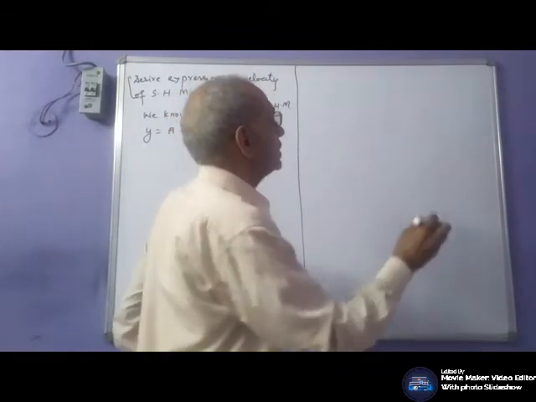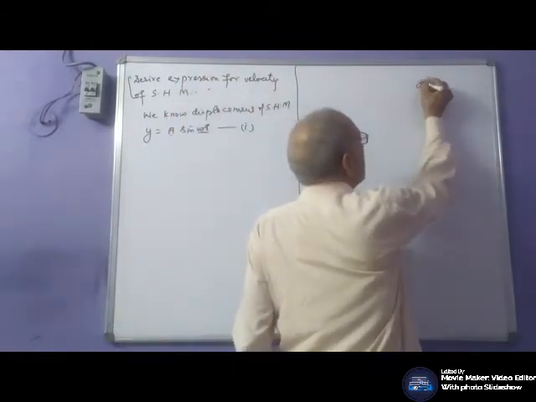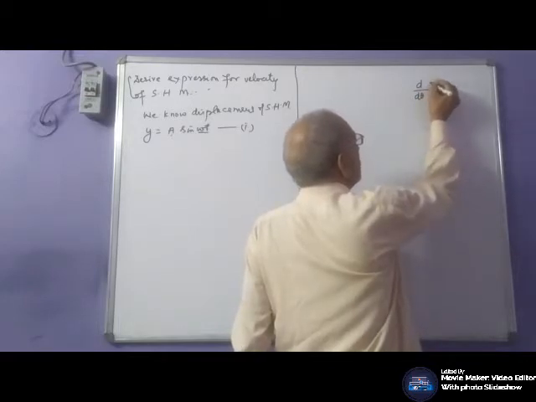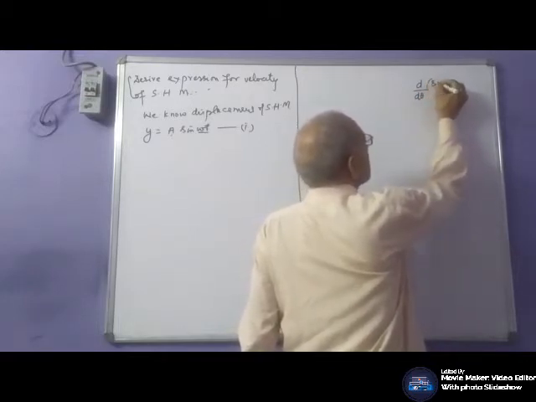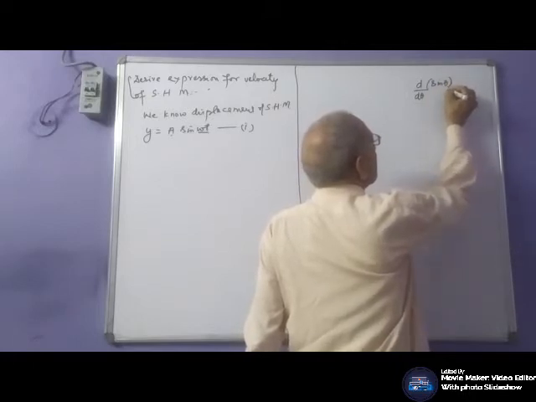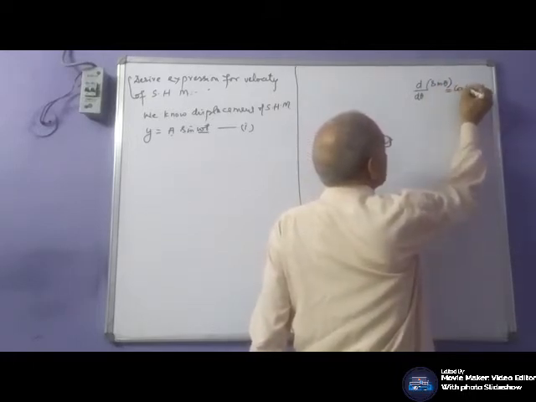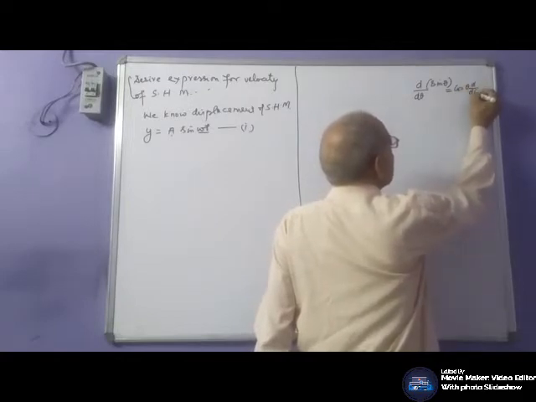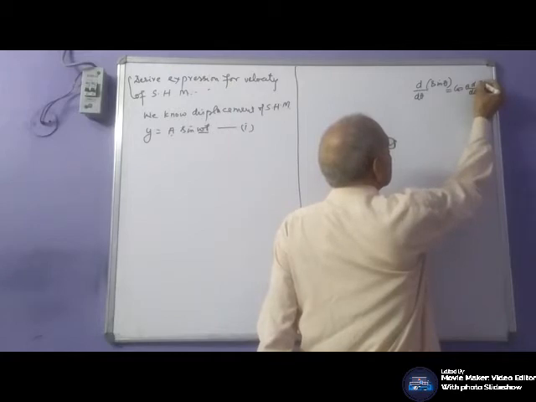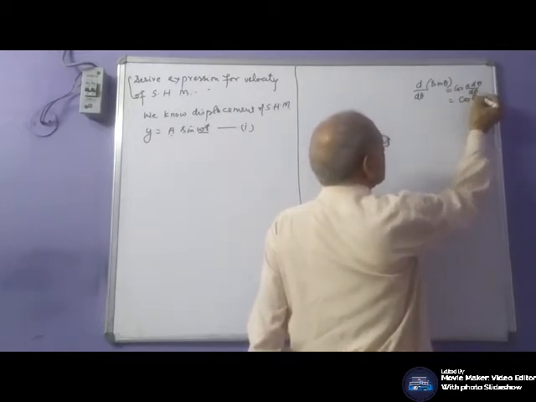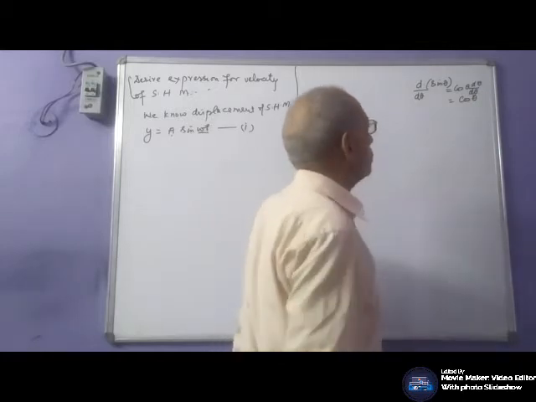Before doing this, differentiation with respect to theta: sine theta, it is cos theta, then d theta by d theta is 1.